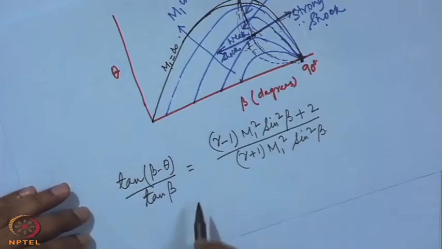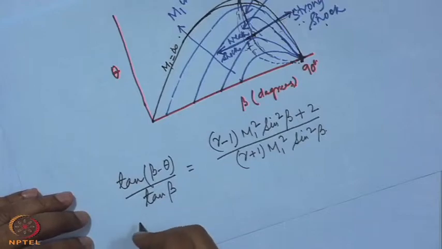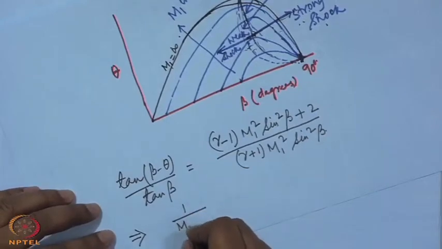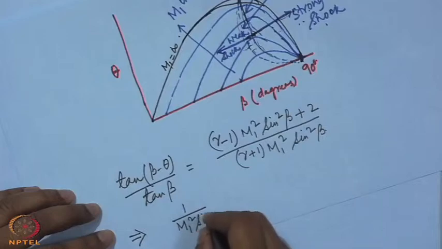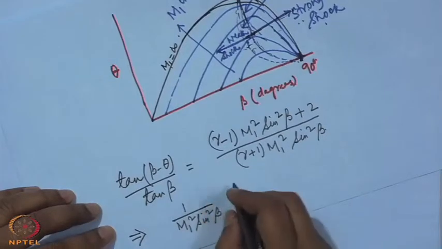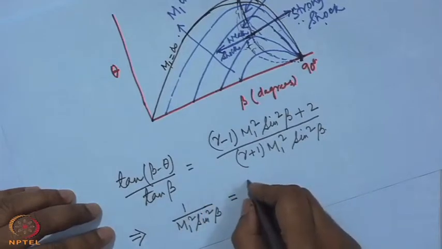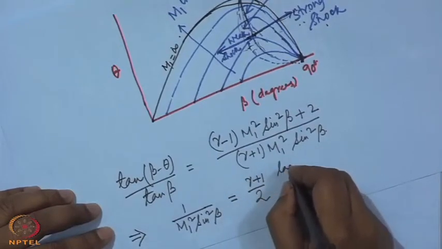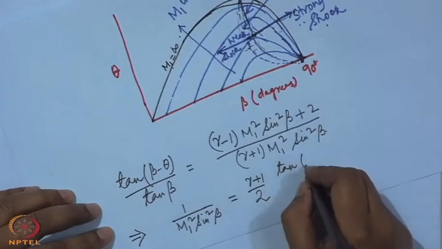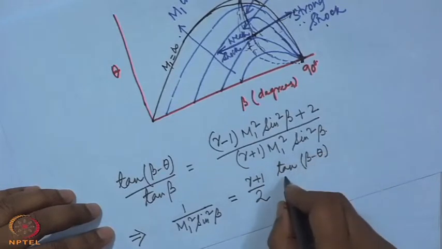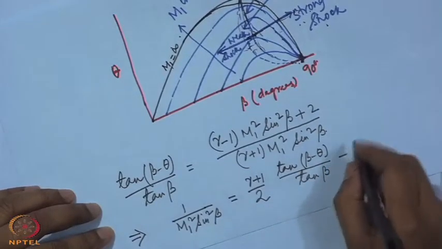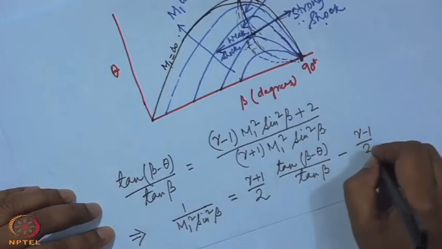This relation can also be expressed in the form 1 by M1 square sin square beta equals gamma plus 1 by 2 tan beta minus theta by tan beta minus gamma minus 1 by 2.